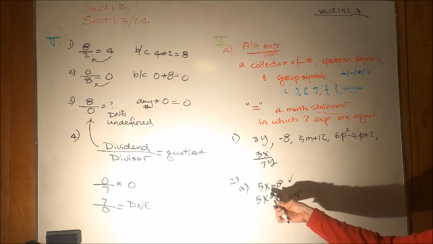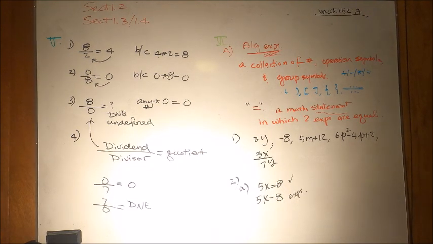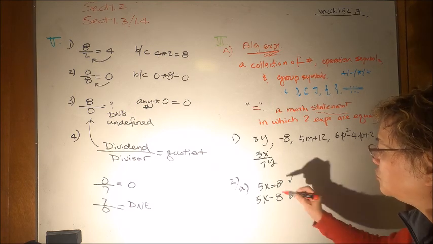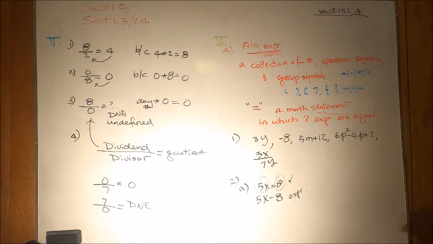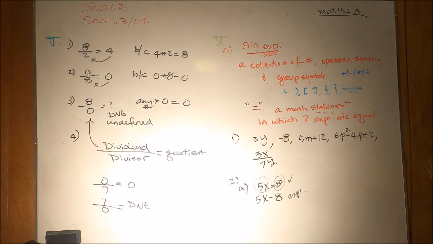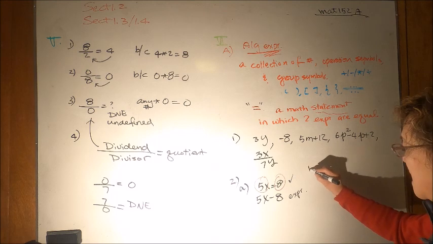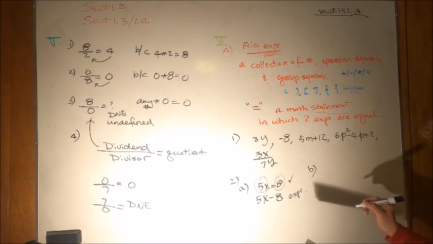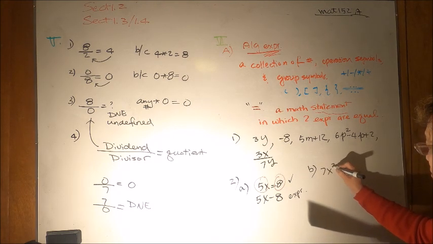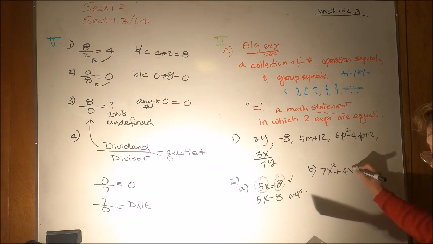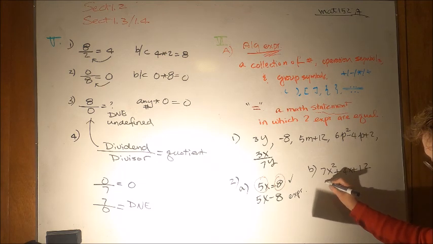One has what? An equal sign. For equations, you have 2 expressions, then you are making a statement, saying these 2 expressions are the same. That's the math language we are using. We are using either expressions or equations.